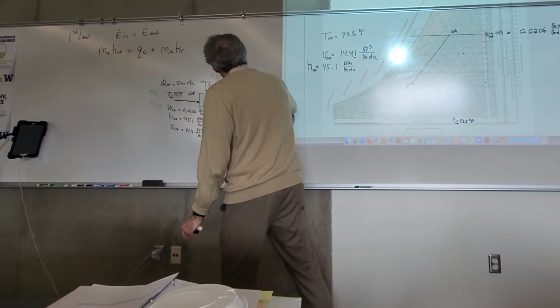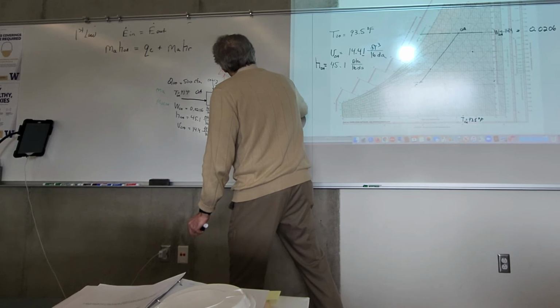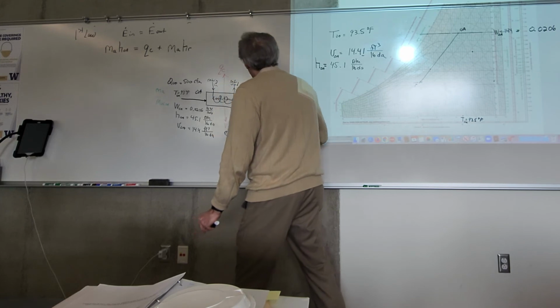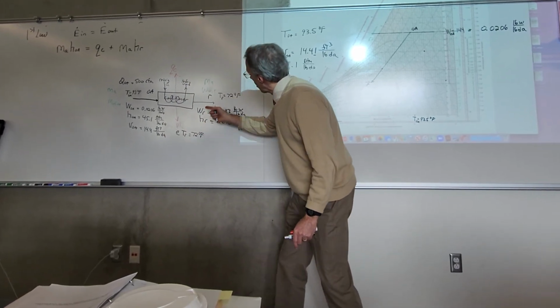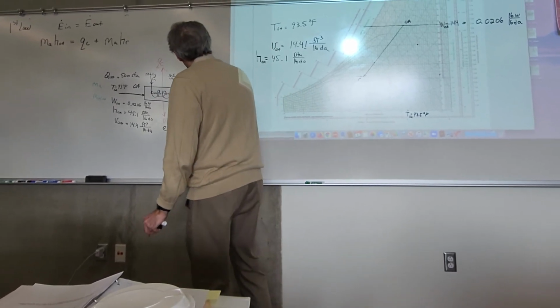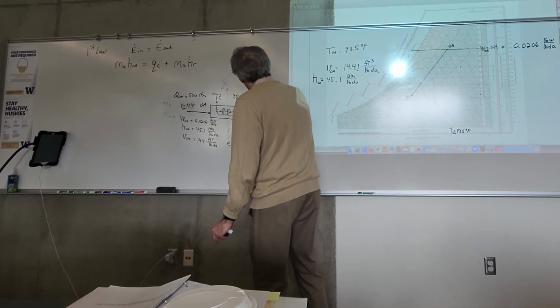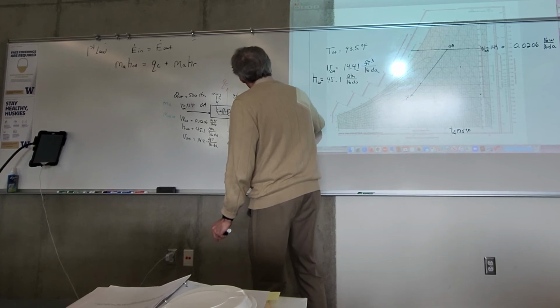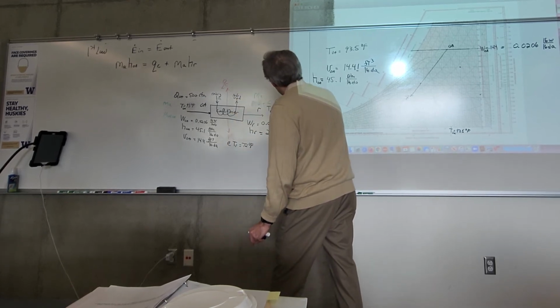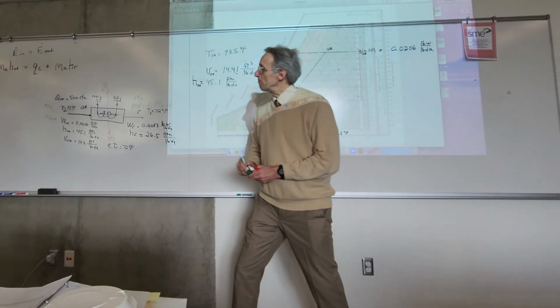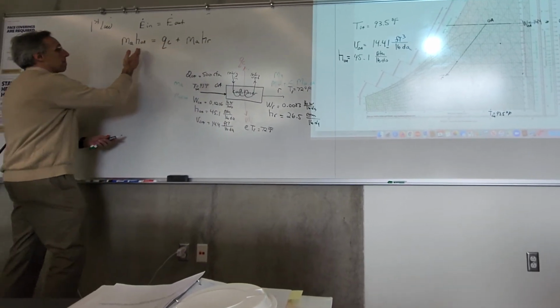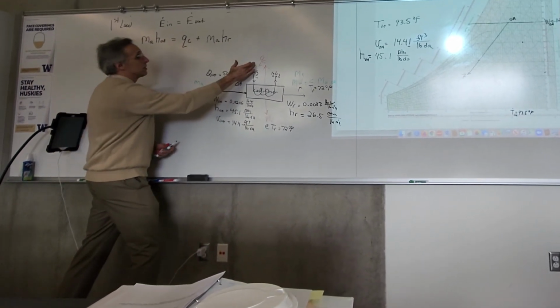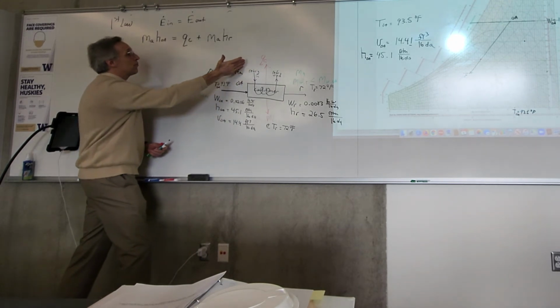So coming out, we're going to have mass flow rate of air and mass flow rate of water for the return. And because we're condensing water, this water mass is going to be less than the mass of the water going in, right? Okay, so there's our heat leaving, and that's being carried away by the refrigerant.